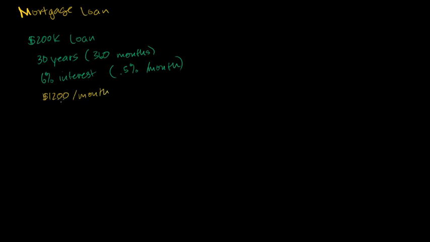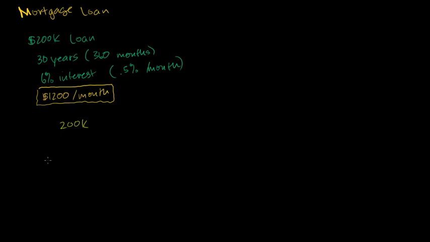And if you pay that $1,200 per month over 360 months, at the end of those 360 months, you will have paid off the $200,000 plus any interest that might have accrued. But this number, it's not that easy to come by, because let's just show an example of how the actual mortgage works. So on day 0, you have a $200,000 loan.